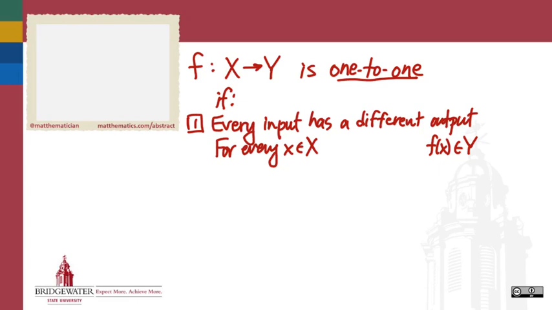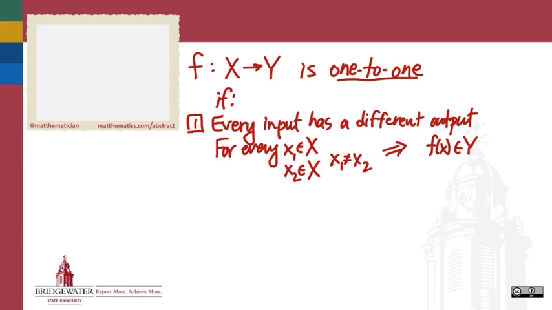And how do we capture this idea of difference, though? I think this is where people run into a little trouble formally. And if x1 doesn't equal x2, okay, so if I have two different inputs, so there I'm going to have to say x1 and x2 both belong to the domain, and x1 is different from x2, then what do we need to conclude?